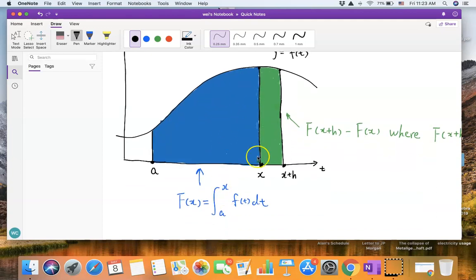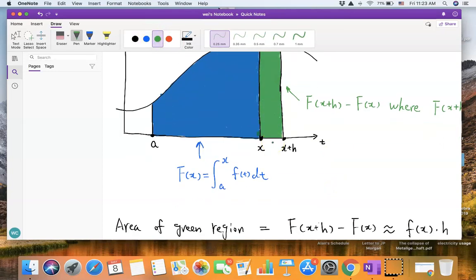Okay, now if we increase x a little bit, just a very small amount, so I increase x to x plus h, then we can define another accumulation function F(x+h).